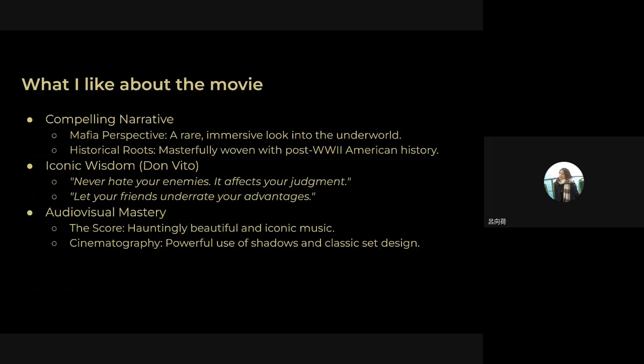Next I'll talk about what I like about the movie, and first is the compelling narrative. The first point is the mafia perspective, a rare immersive look into that world. As people in Taiwan, we rarely have any knowledge about the mafia, and it has historical roots woven with post-World War II American history.